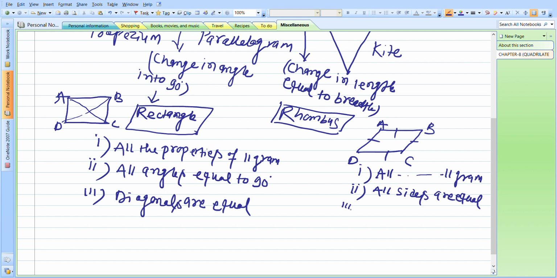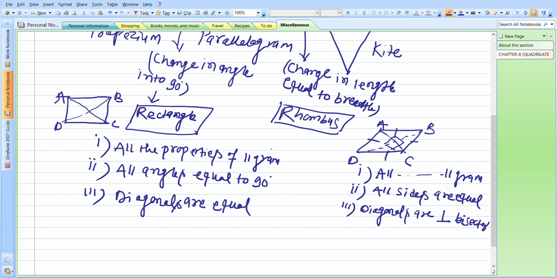Next, because all sides are equal, when you join the diagonals, they bisect, and they are perpendicular bisectors also. So write here: diagonals are perpendicular bisectors.